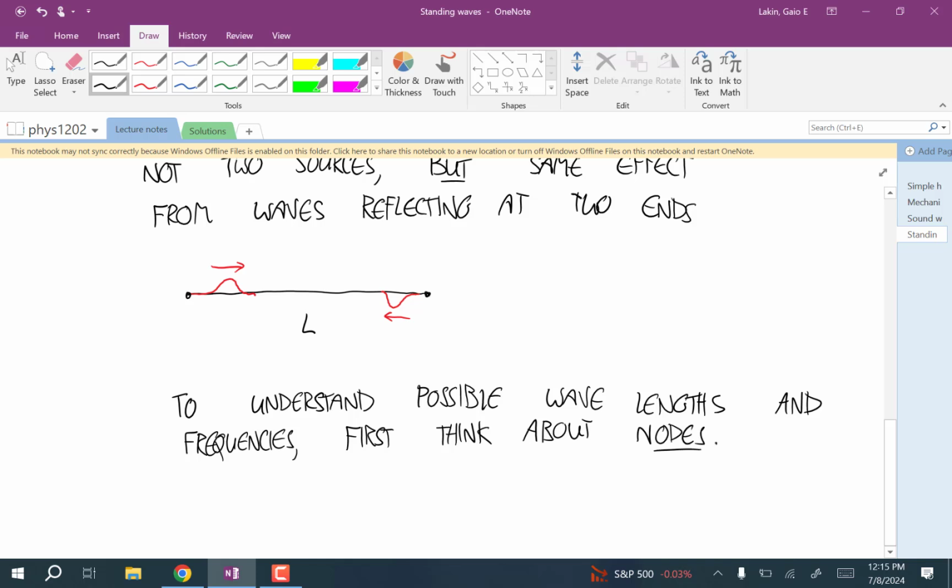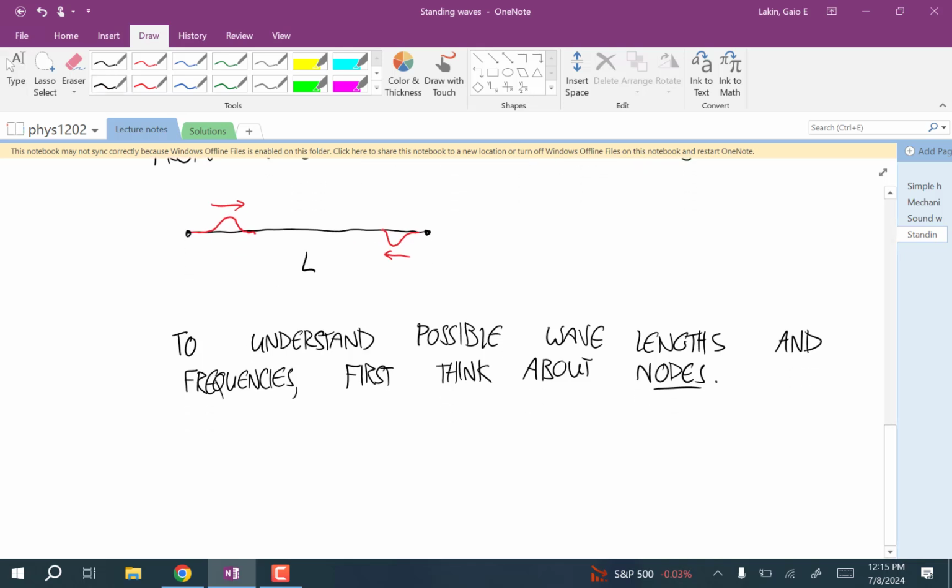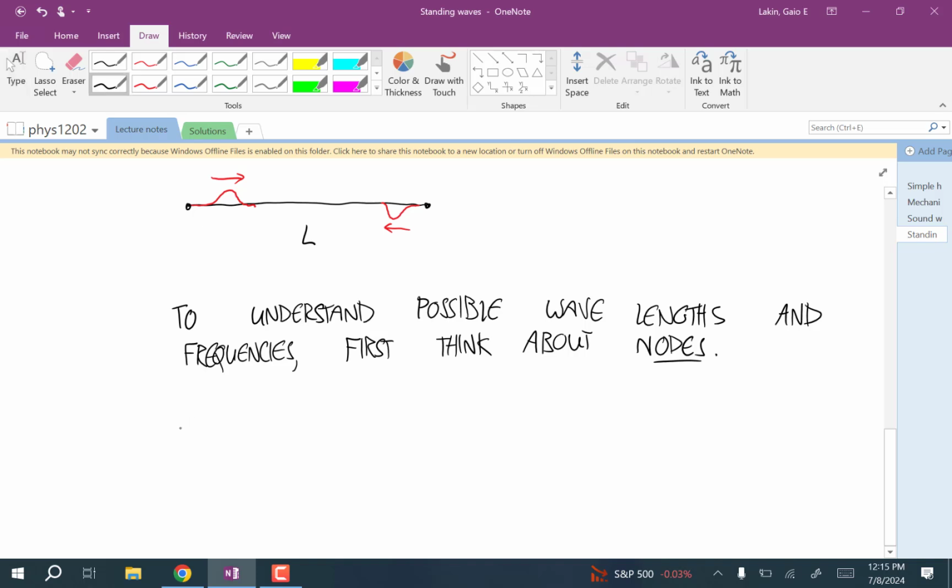And remember, those nodes are the places where there's no oscillation of the point up and down. Okay, so we're going to start with the largest wavelength that's possible, and then we're going to consider all the smaller wavelengths that are possible.